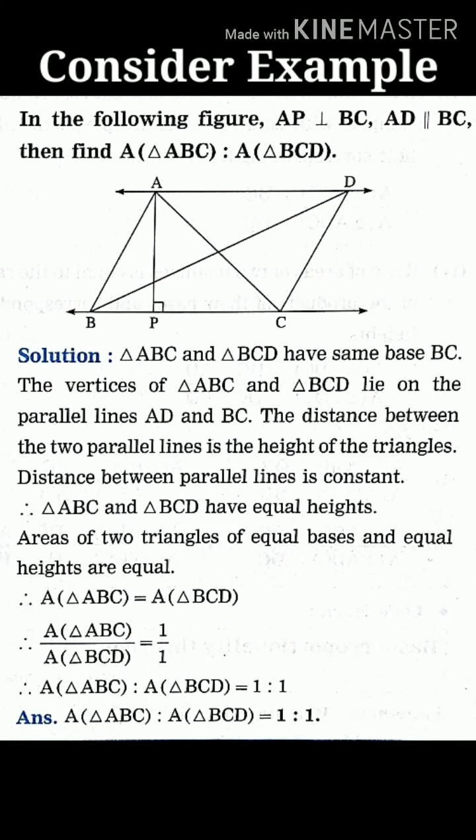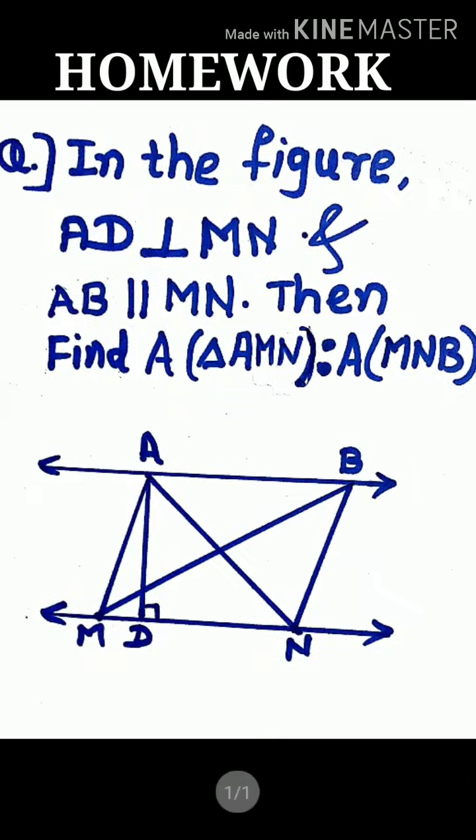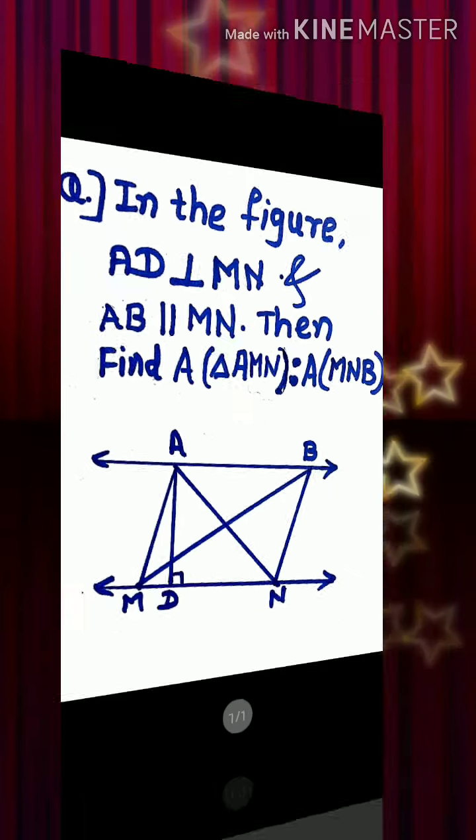If you are observing triangles ABC and BCD, they are situated between parallel lines. They have heights h1 equal to h2, means same, and bases also b1 equal to b2 are the same. So homework is also given depending on this third condition. Solve and send it on the WhatsApp group.